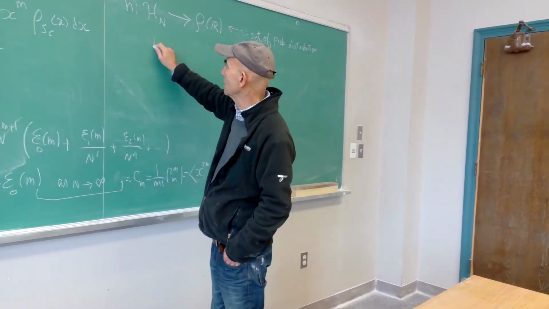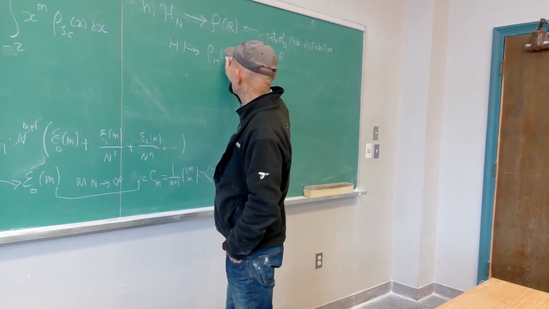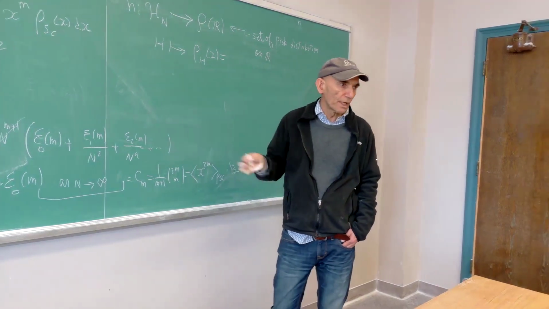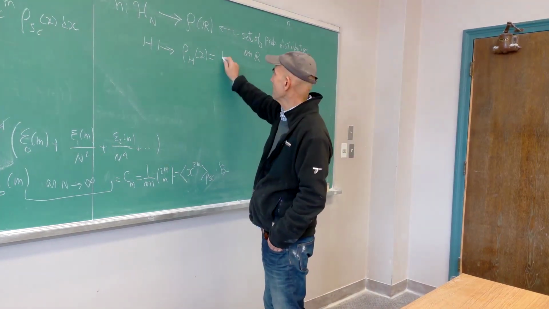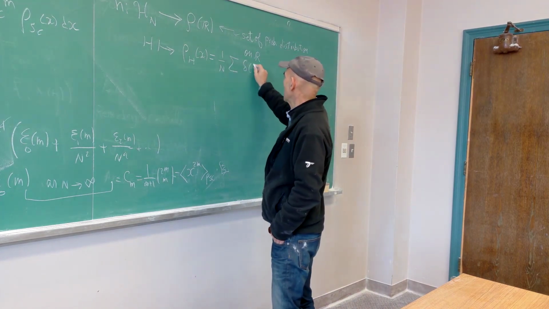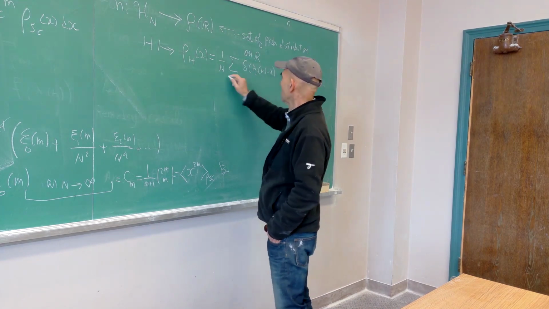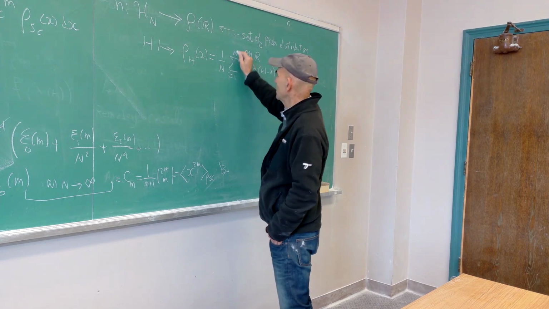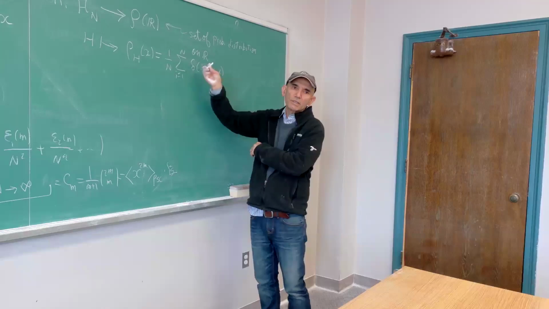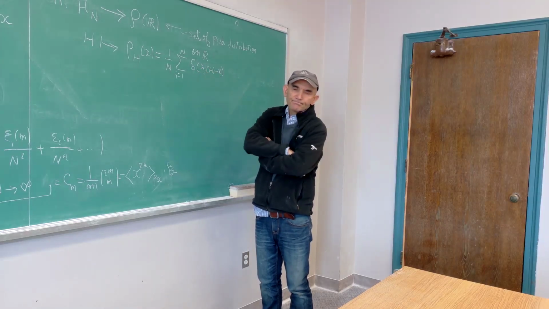So what is this map? This map sends a Hermitian matrix H to this rho H of X that I already wrote down, which is 1 over N sigma delta of lambda i of H minus X, i from 1 to N. I mean, originally this goes only into discrete probability measures because these are sums of Dirac masses, right?